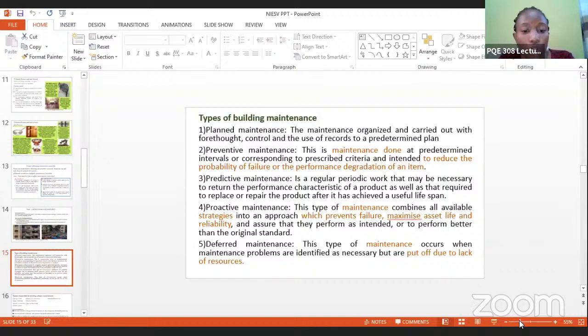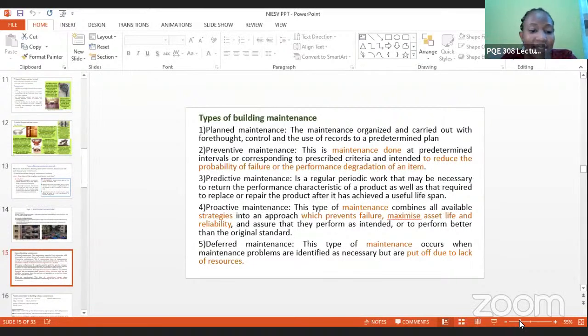You already know what you have on your building, so you predict that, okay, this particular bulb, for example, I know it will last for, let me say, 6 months. So I know if I put it there in January, by July I should be getting ready to replace it. So that is a predictive. You are predicting when the product needs replacement or repair.